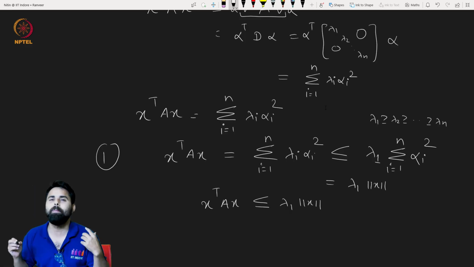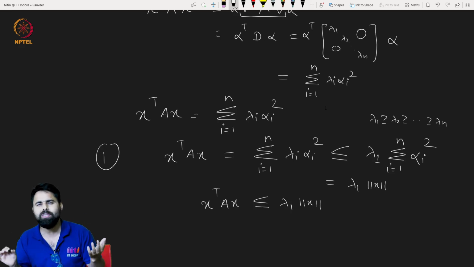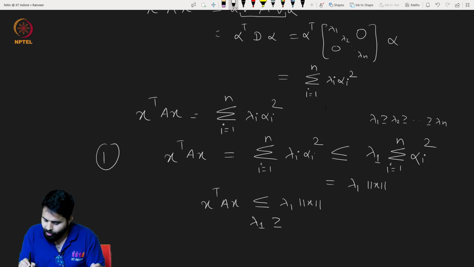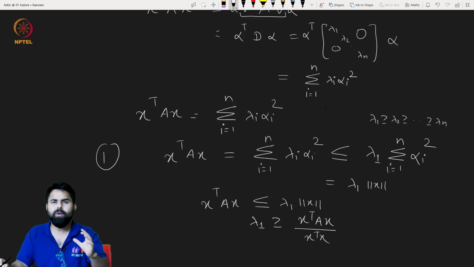I want to find whether there is any x for which this equality holds. So lambda 1 is always greater than or equal to this number, where norm of x squared is nothing but x transpose x. But does the equality happen? Yes, indeed.